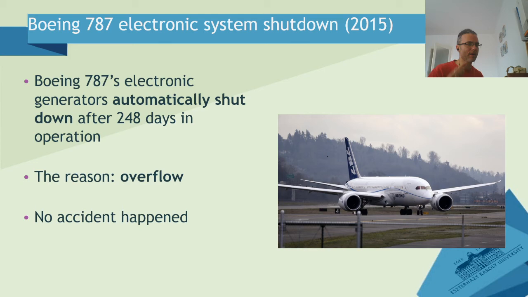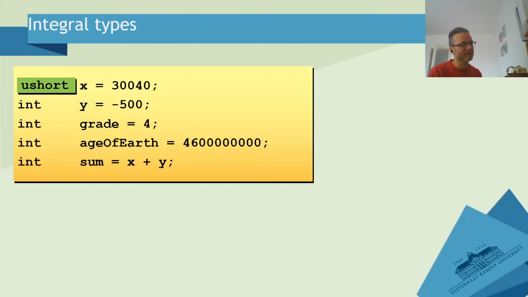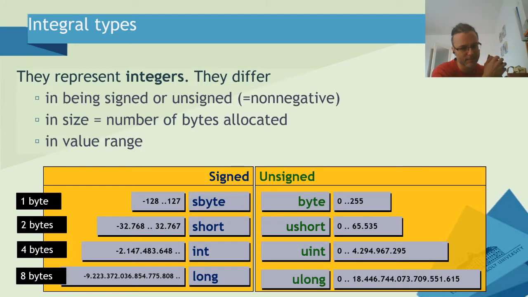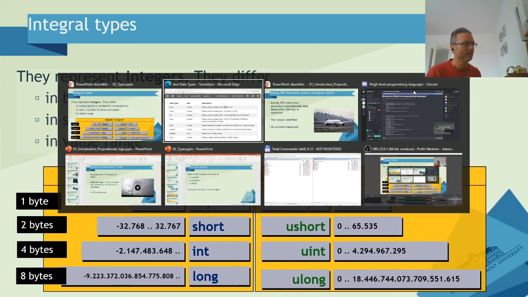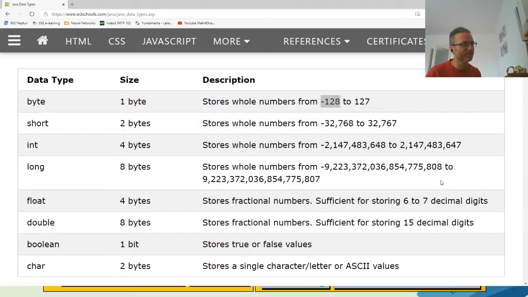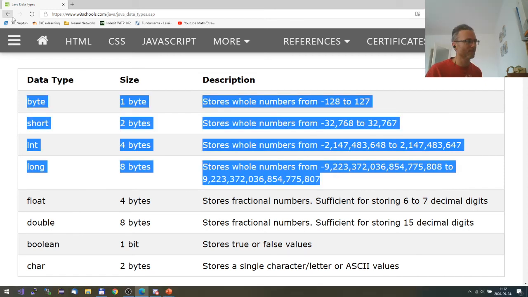So I think it's really good in C# that you have unsigned types as well. But this is my opinion. Java's type system is a bit simpler. That's the other side of the story.